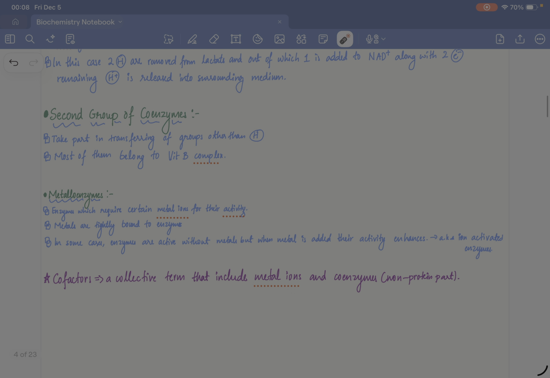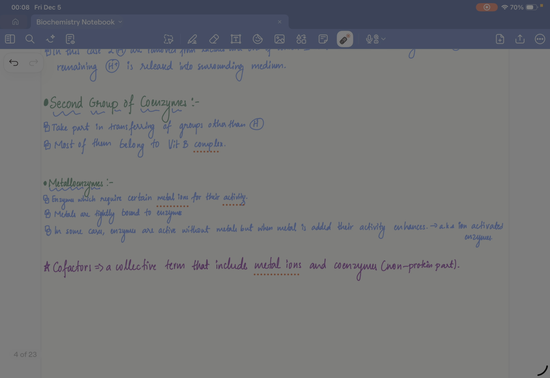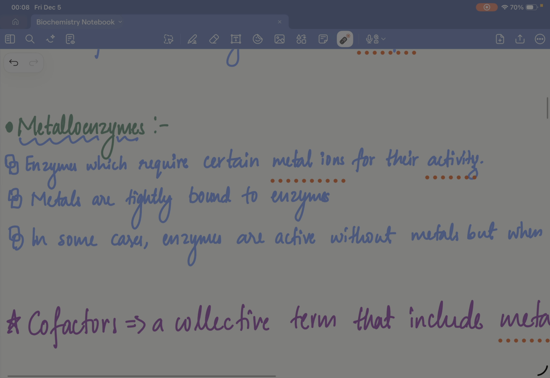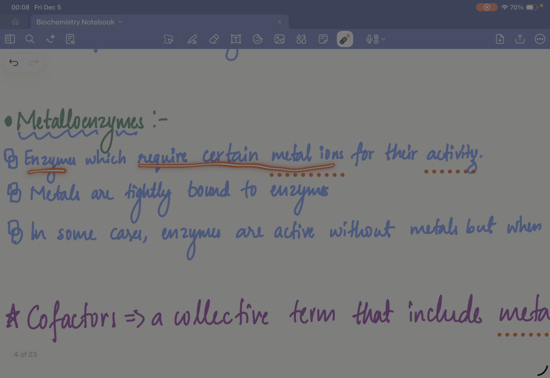Next, coming to the second group of coenzymes. The second group of coenzymes take part in transferring groups other than hydrogen, and they also belong to the vitamin B complex. Then metalloenzymes. These enzymes require certain metal ions for their activity. Metals are tightly bound to the enzymes.